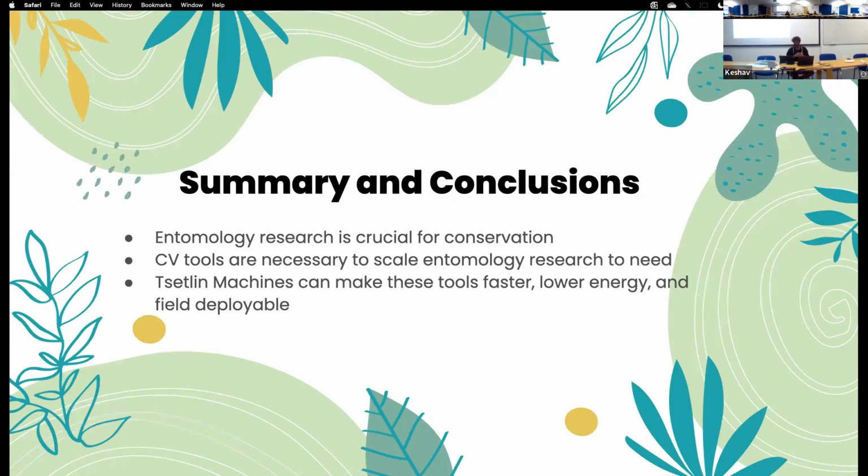Second is that computer vision tools can help us conduct this entomology research at larger scales without disrupting important insect populations that we like to study, unlike with the most accessible current methods. Finally, that Tsetlin machines, though new, offer a promising path forward for creating these computer vision tools such that they can work faster, at lower energy, and directly in the field.